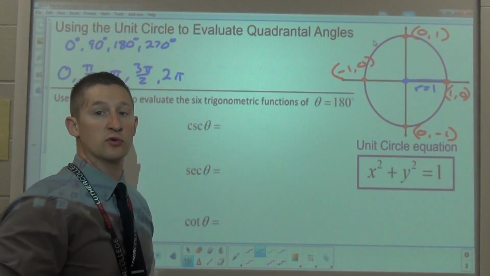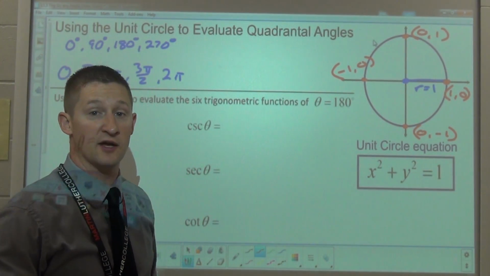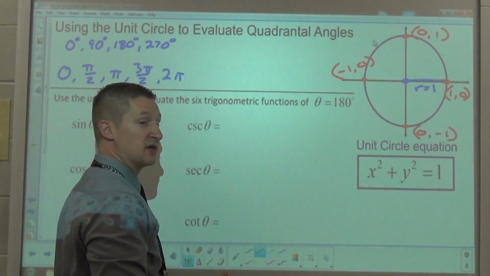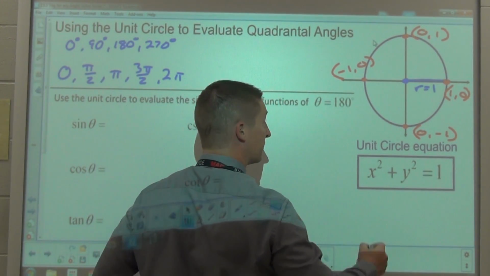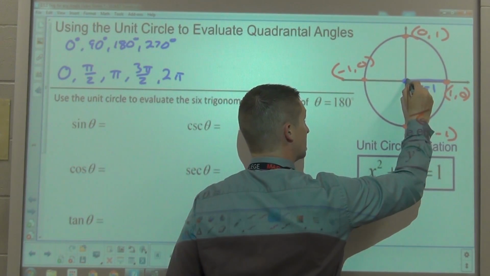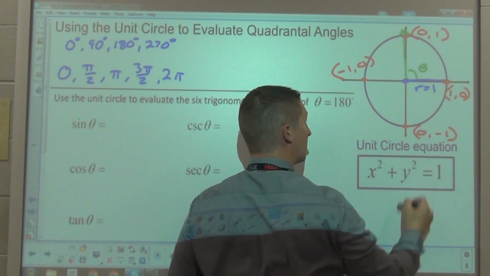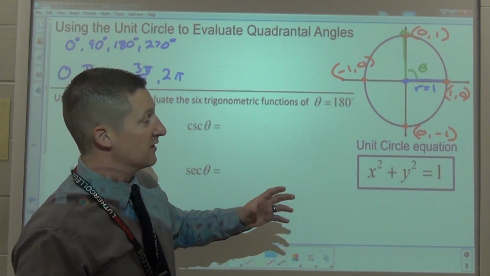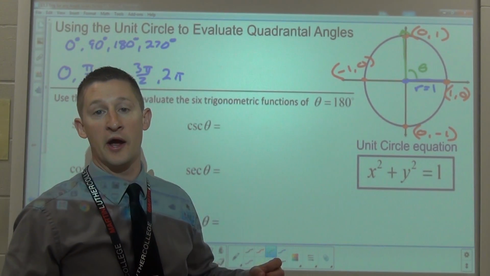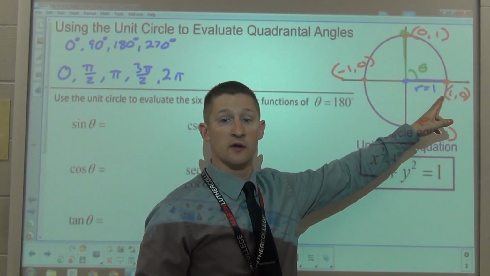Now, if I were to think about my values for sine and cosine and tangent based on the definitions we just had, where we take x over r, y over r, what have you. If I want to define, let's say, the sine of 90 degrees, for instance. Well, think about this. Sine is usually equal to y over r. In this case, the r value happens to be 1.